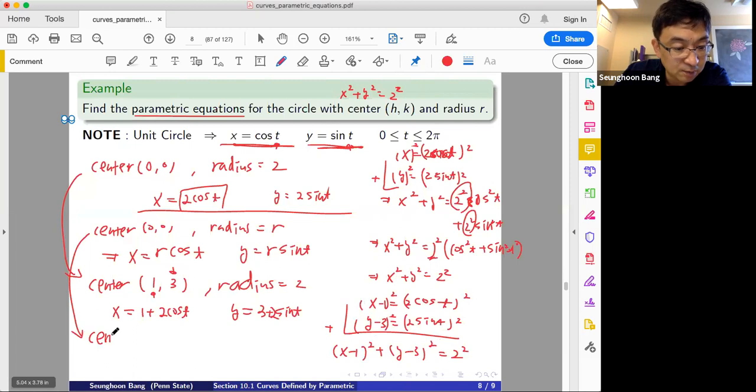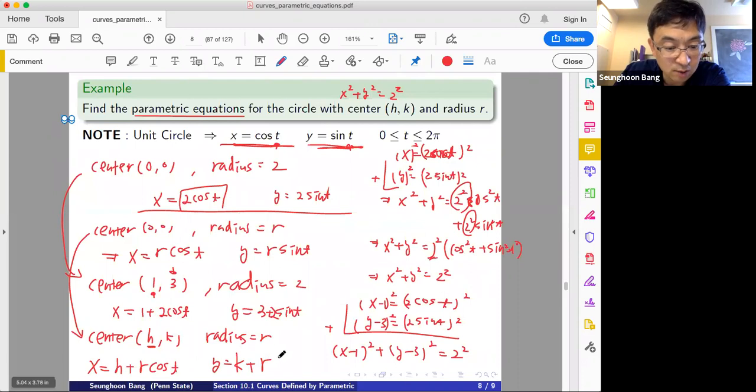Center is (h, k), so the radius is r. x equals h plus r times cosine of t. y equals k plus r times sine of t. So that's it. This is the whole idea for solving this kind of problem.